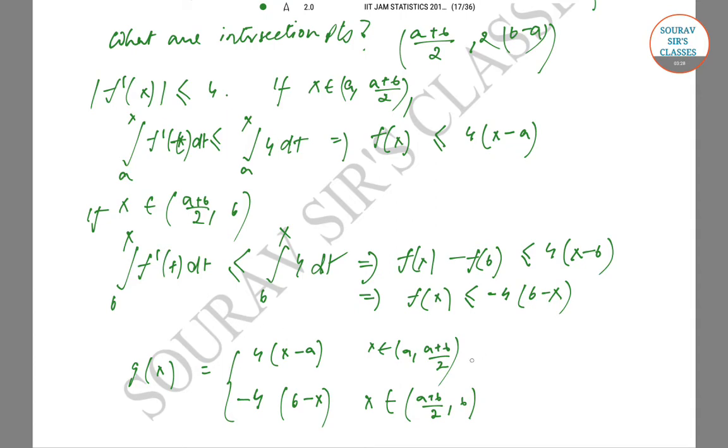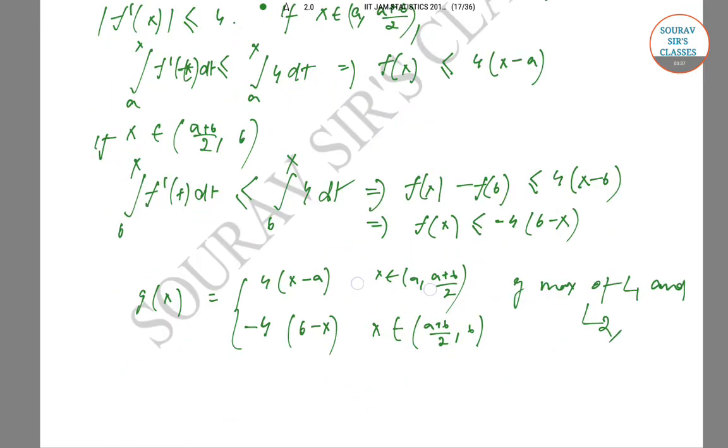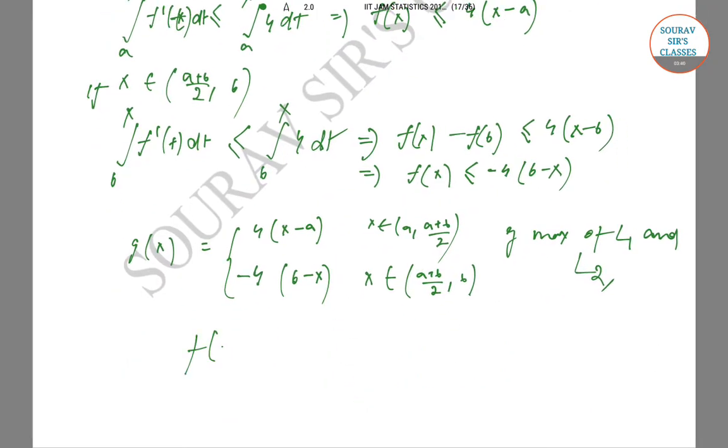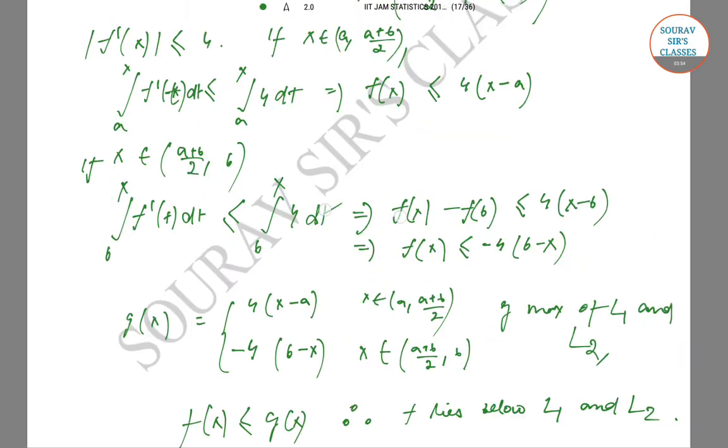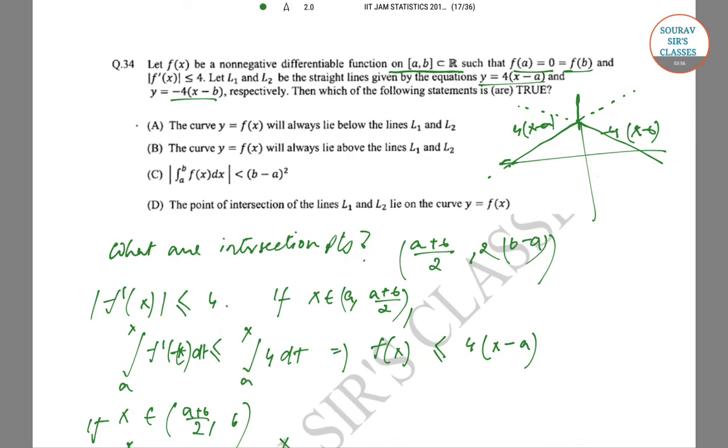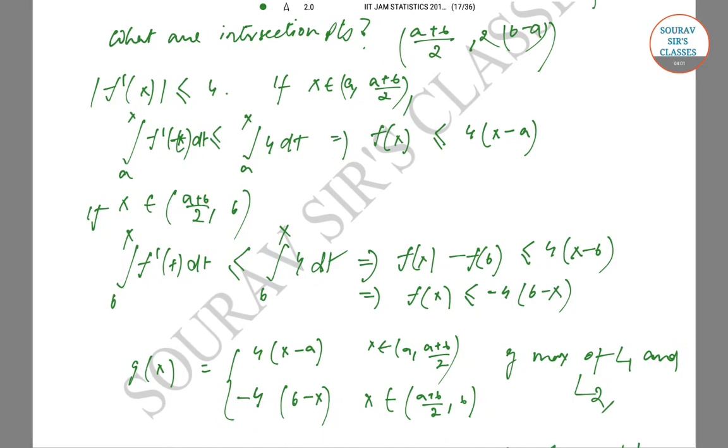Since g is the maximum of the two lines L1 and L2, and we have f(x) is less than or equal to g(x), therefore f lies below L1 and L2. Immediately, if we move back to the question, A is a correct option and B is wrong.